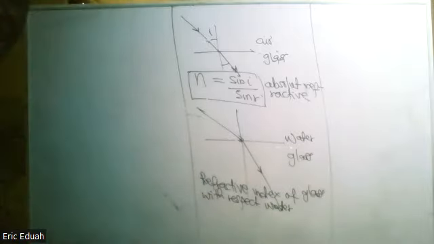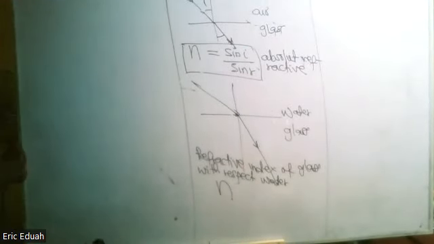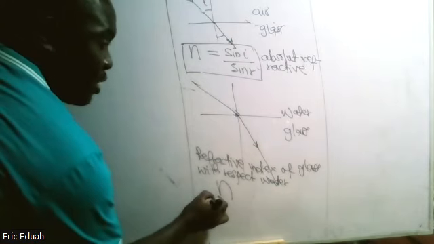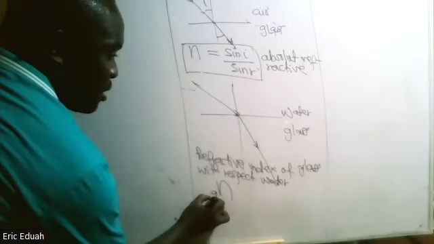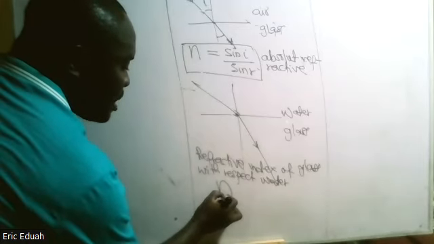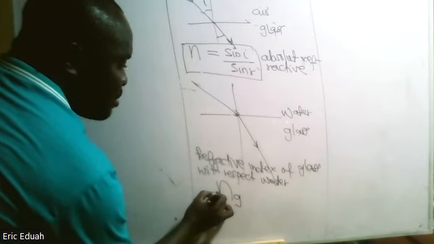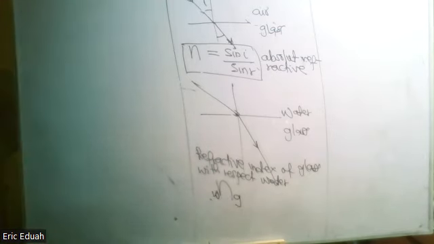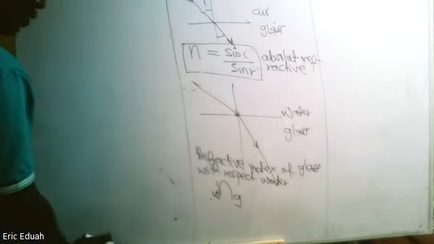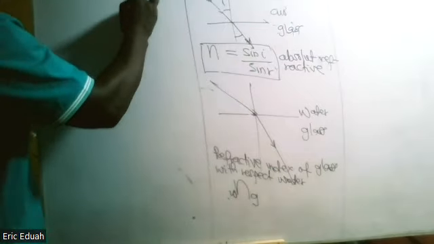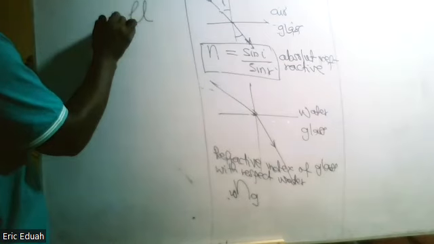And so if I'm expressing the refractive index, this can be expressed as mu of glass, the refractive index of glass, but through the first medium, which is water. So let me bring it here for clarity. The first medium is water.